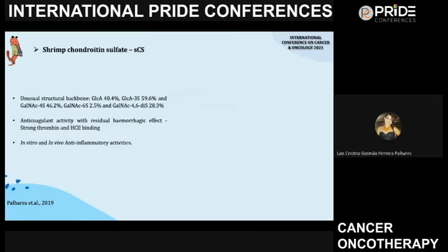You do not find very often molecules, especially from mammals, that have this particular structural feature. Together with the fact that we saw some in vitro and in vivo anti-inflammatory activities, and that this compound presented a very interesting anticoagulant activity, mainly mediated by the inhibition of thrombin, that drove us to pursue further studies with this molecule.